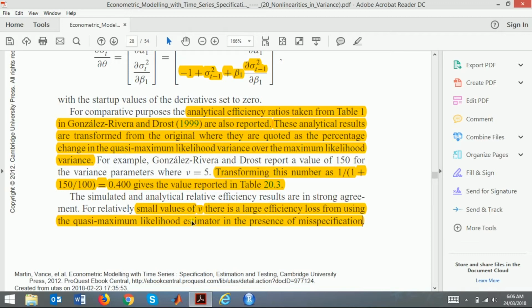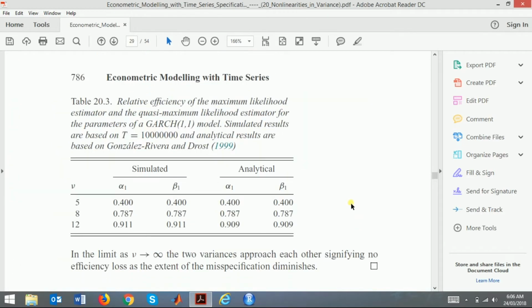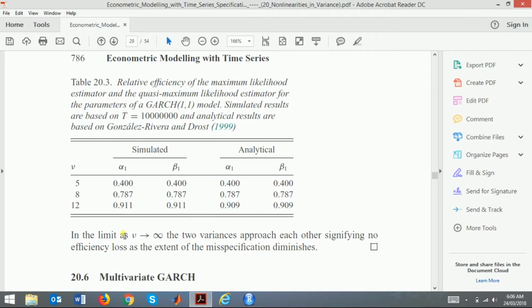When tau is small and we use quasi-maximum likelihood, there is a large efficiency loss. But when tau goes to infinity, the two variances approach each other, signifying no efficiency loss.